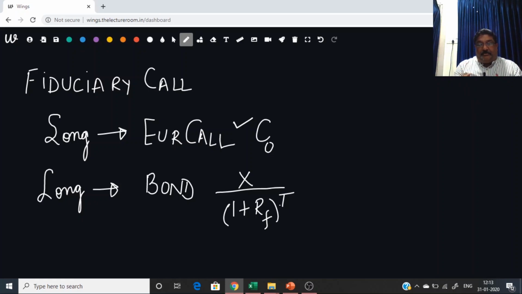And the bond currently trades at a discounted value, so that at the maturity T, it is going to give you those proceeds X, which you can possibly use to buy the underlying stock by exercising the call option. Hence, the present value of the bond is nothing but X by 1 plus RF to the power of T. I hope this is absolutely clear to you, very critical.